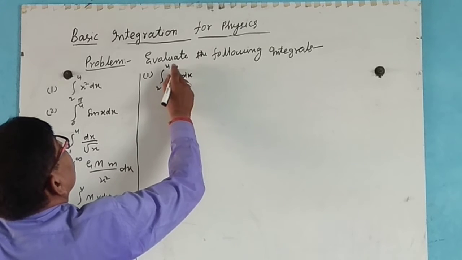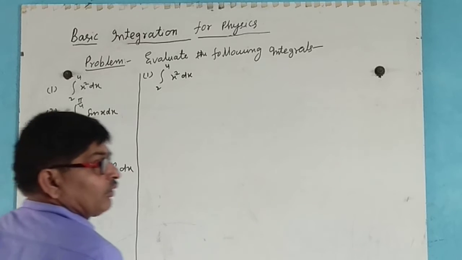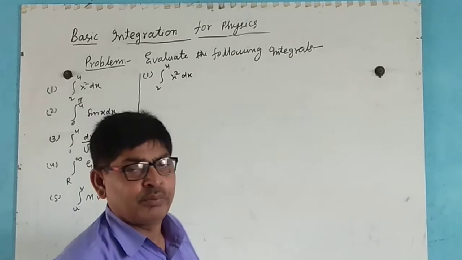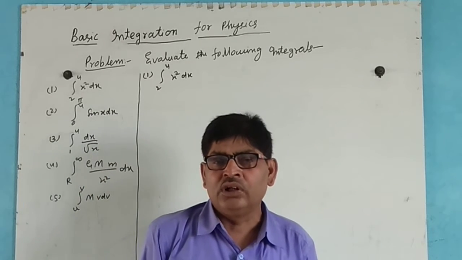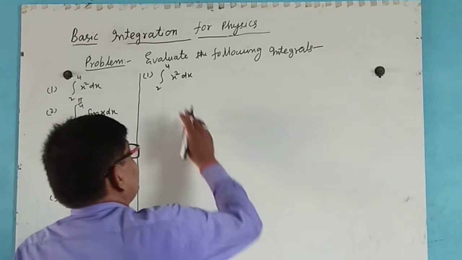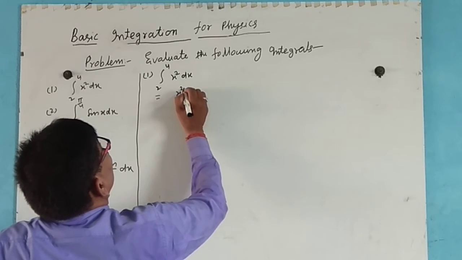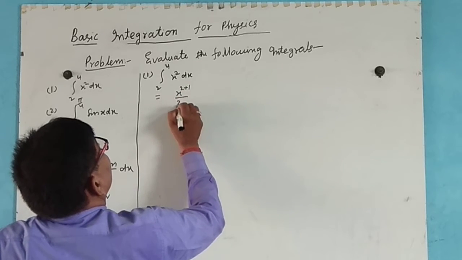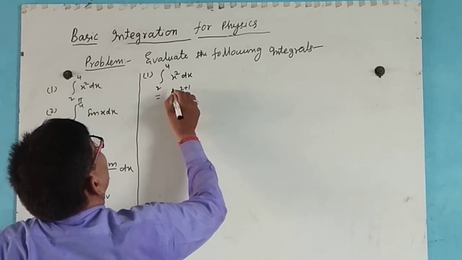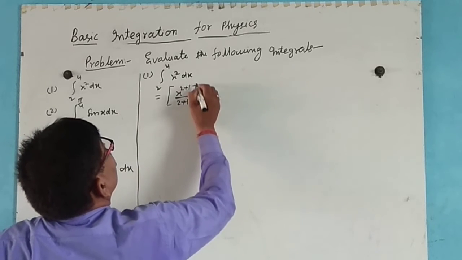As we know, integration of x to the power n dx is equal to x to the power n plus 1 divided by n plus 1. Here n is equal to 2, so x to the power 2 plus 1 divided by 2 plus 1, and the limit will be 2 to 4.